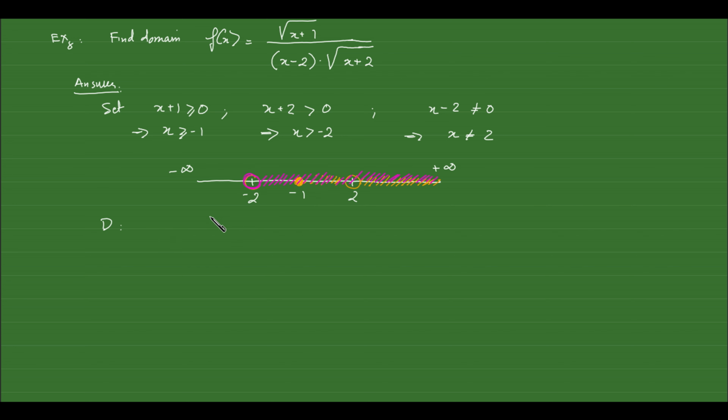So we're going to go from -1 included to 2 not included, because 2 is already not included over here. We don't want to have 2. Union with 2 to positive infinity.